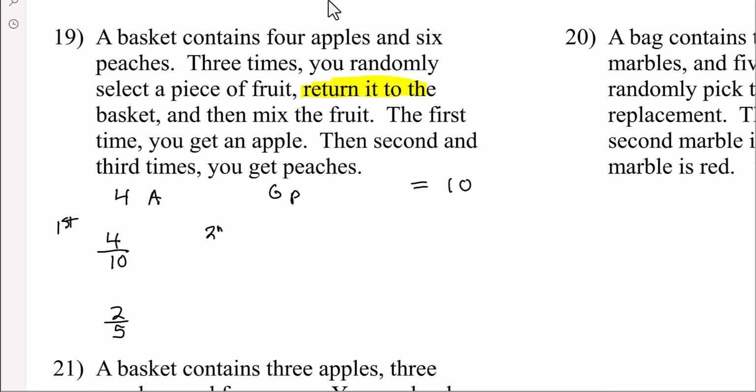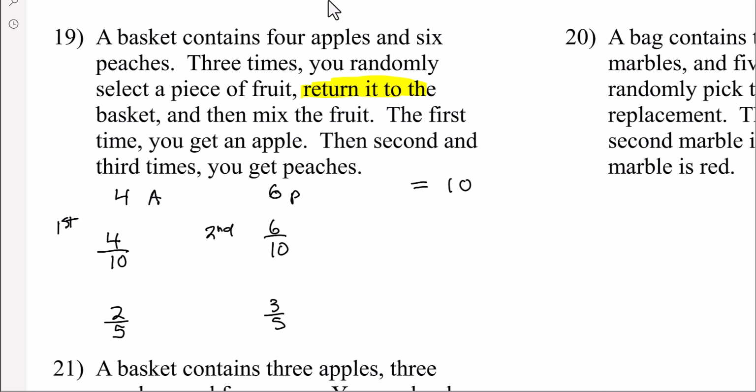The second time you draw, we put all the fruit back. The first time you get an apple. The second and third times you get peaches. The probability of picking a peach is 6 out of 10, so that's 3/5.